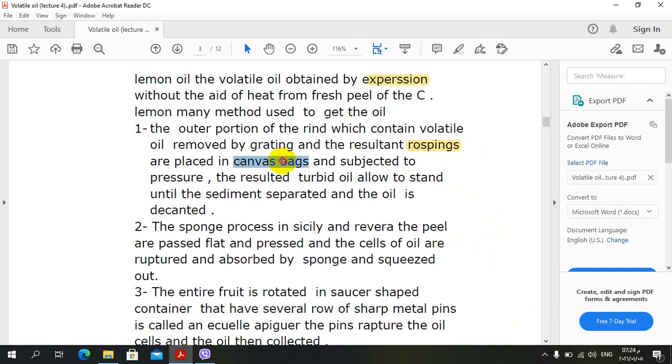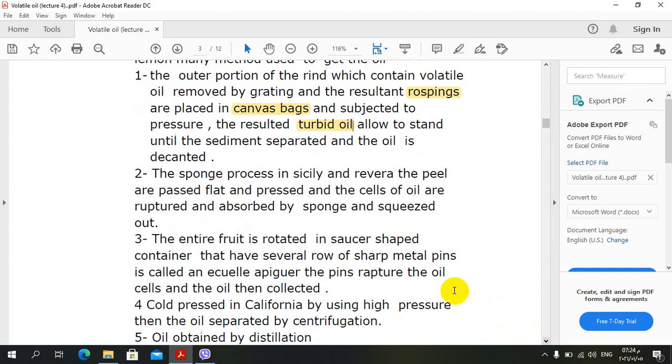The resultant turbid oil allowed to stand until the sediment separated and the oil is decanted. واضحة الشغلة انه يجيبون هاي القشور كلها ويحطوها بالباقي اللي هي من الكانفس، بعدين يضغطوها ضغط شديد جدا، فاللي يطلع من الاويل يكون نوعه تربد، يخلونه يستقر عدة فترات ويسووا له ديكانتيشن، يعني يميلوه بحيث يتركون التربد بالاسفل مالته.